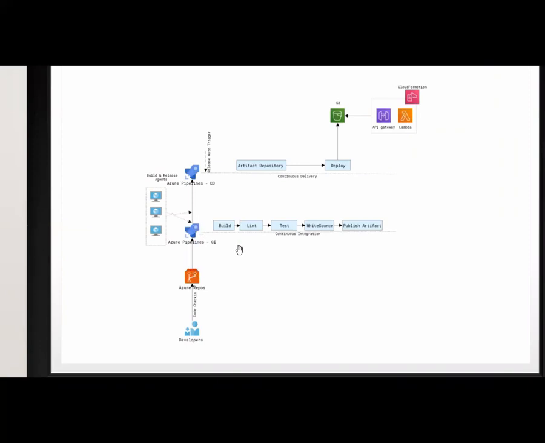During that phase, we have a set of subtasks: you build, you lint or do a static code analysis, you test your application, and you scan for vulnerabilities. If you're using third-party libraries, you scan those as well. This set of tasks is executed, and finally it publishes the artifact.